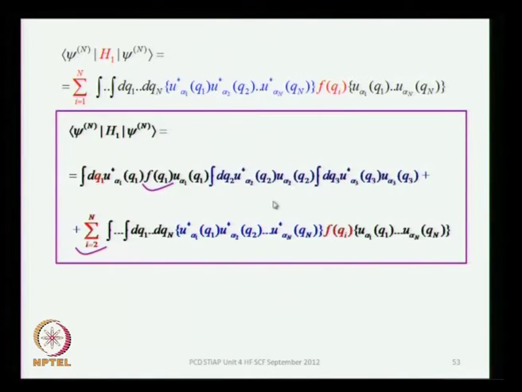What does the integration over q2 give you? dq2 u alpha star alpha 2 star 1 q2 u alpha 1 q2. This is the normalization integral. So you will have this integral multiplied by 1 into 1 into 1 into 1 into 1. We know how to do that, right.